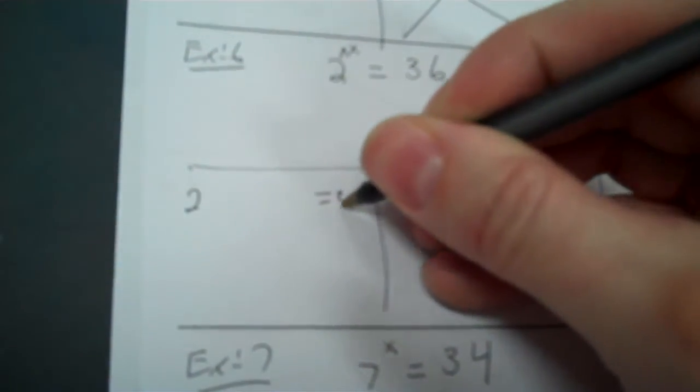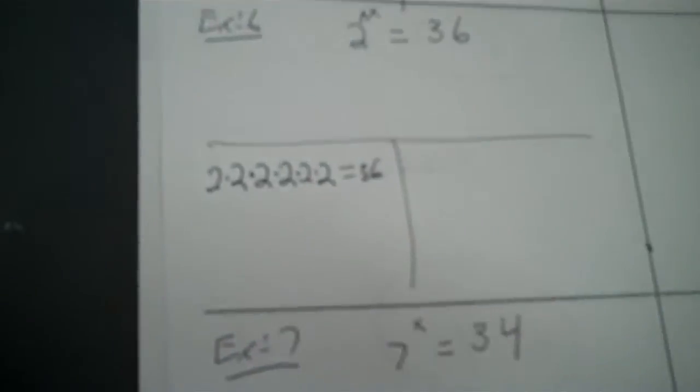Okay, 2 to the power of x equals 36. Okay, so now first step is to figure out how many 2s it would take to multiply to 36. So 1, that's 4, that's 8, that's 16, that's 32, and that's 64, so I'm over.